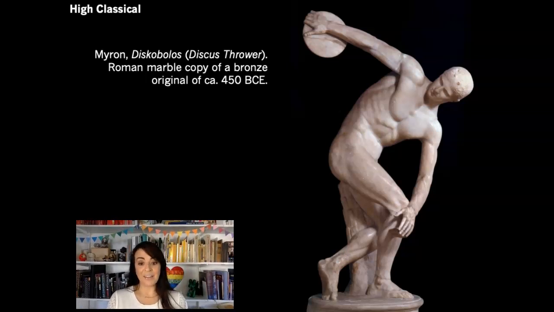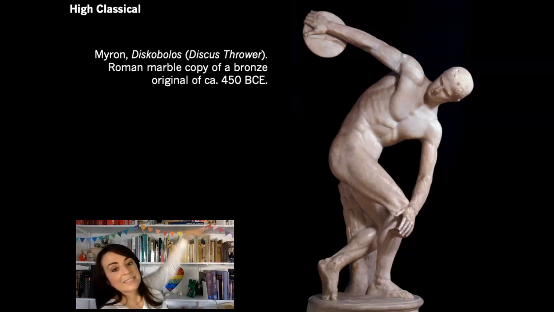Myron is the artist, and this is a copy of his bronze original artwork, and the artwork is called the Discus Thrower, or if you want to be fancy, you can say Discobolos. The discus thrower that we're looking at here is in the act of throwing a, yep, you guessed it, discus.